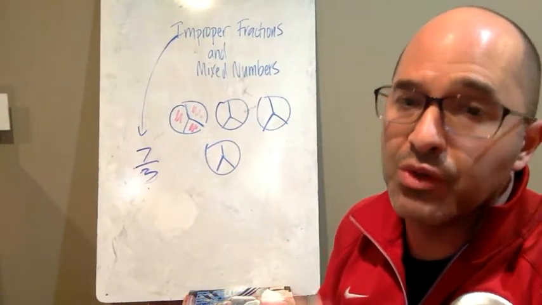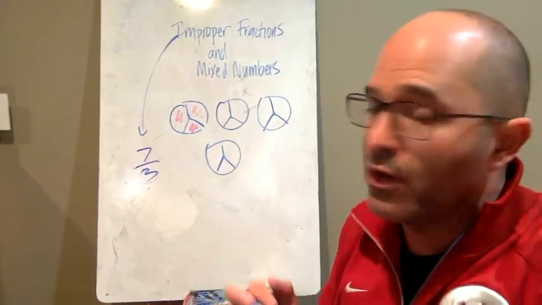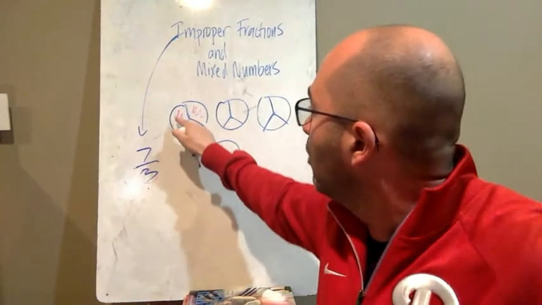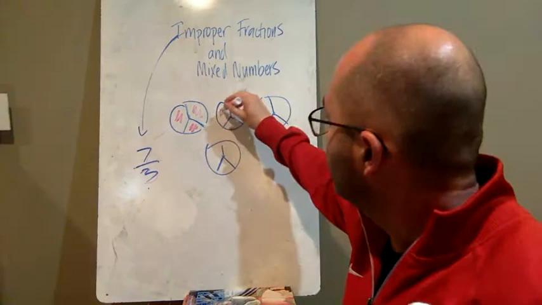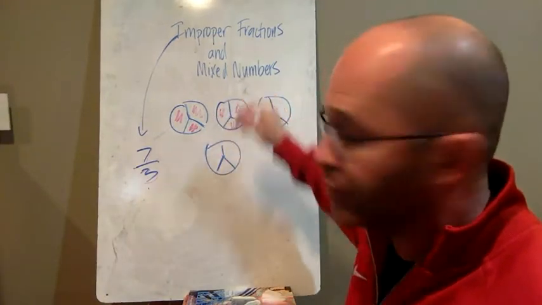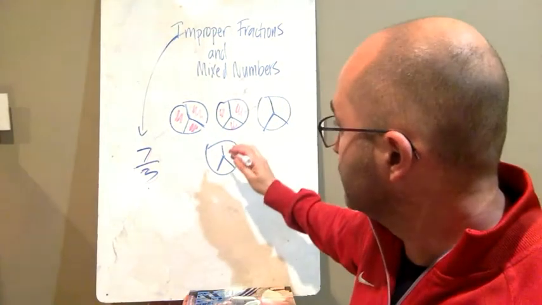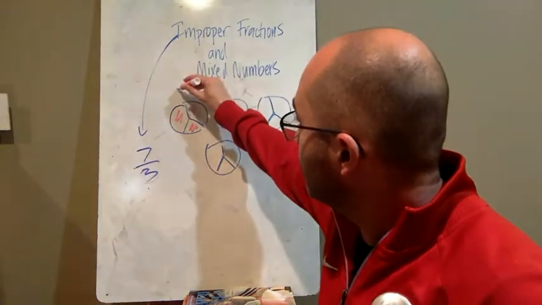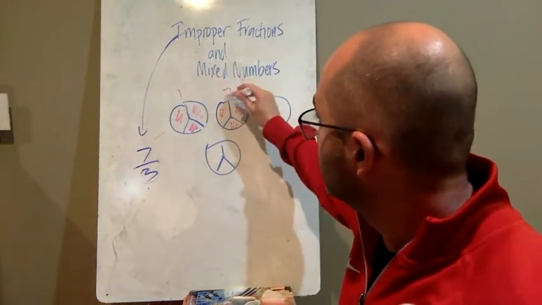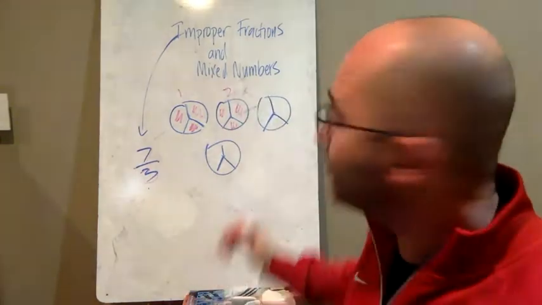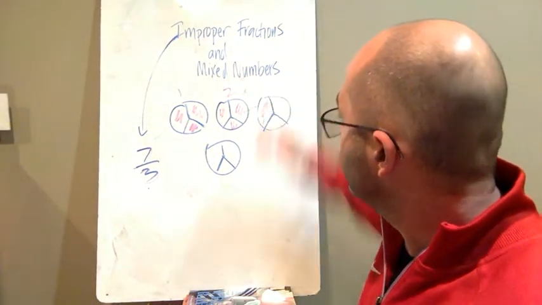We want to turn that into a mixed number. Let's figure out how to do that. We know that 1/3, 2/3, 3/3 is one whole. 4/3, 5/3, 6/3 is now 2 wholes. 7/3 would be one more third.